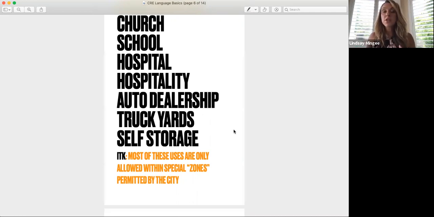But if I have a specialty use, like a self-storage or a truck yard, or I want to build a hospital or a hotel, they have to be located within a special zone within the city. So when you hear discussions about what zoning, is the zoning permitted? That's what we're trying to figure out. Will the city allow us to have our place of business in this geographic location?